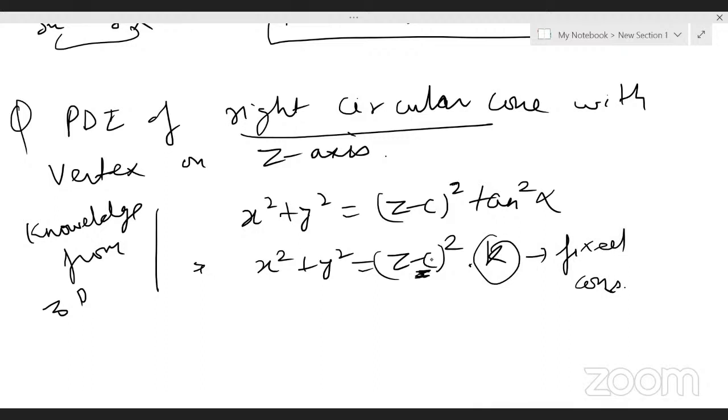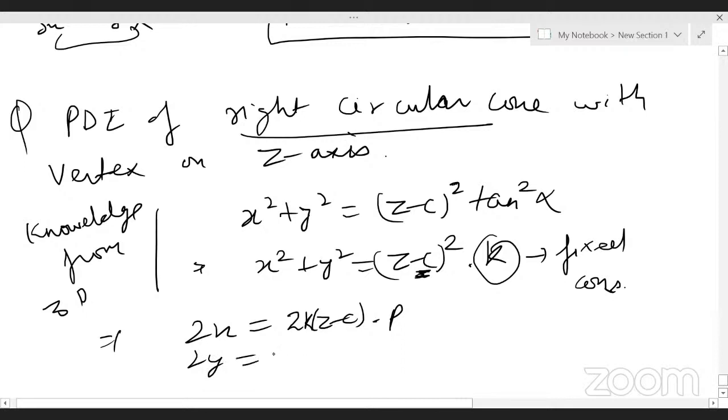You can find the relation between P and Q. Let's see. If I solve it, 2x is equal to 2k into (z minus c) into P, and 2y is equal to 2k into (z minus c) into Q. From here you can see x by P equal to y by Q.